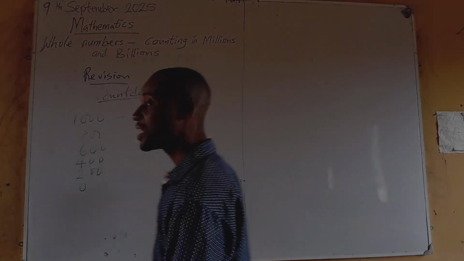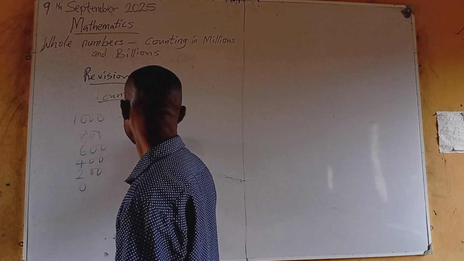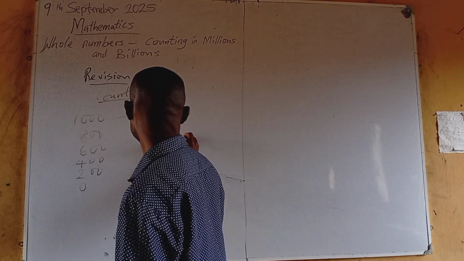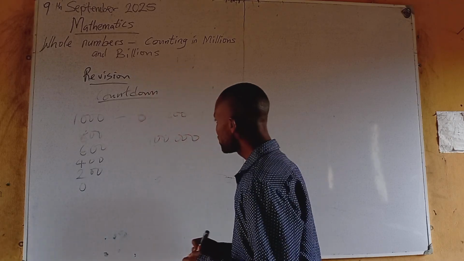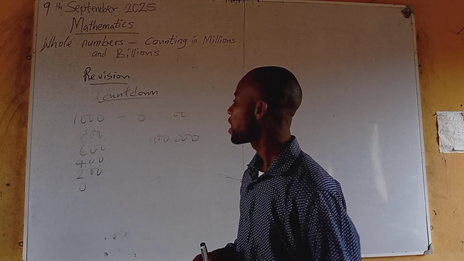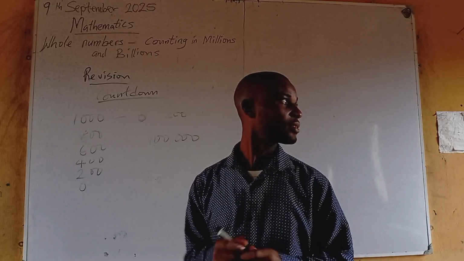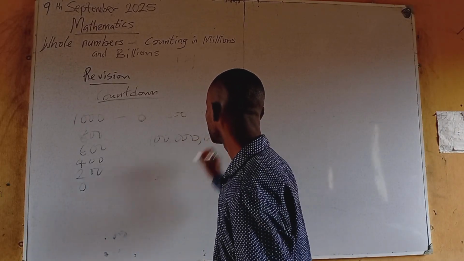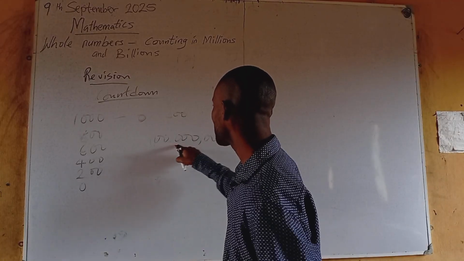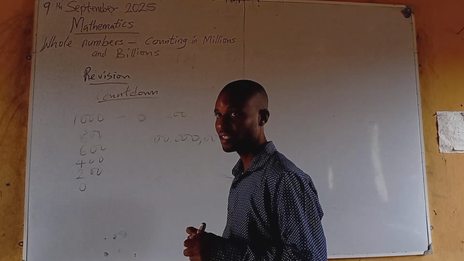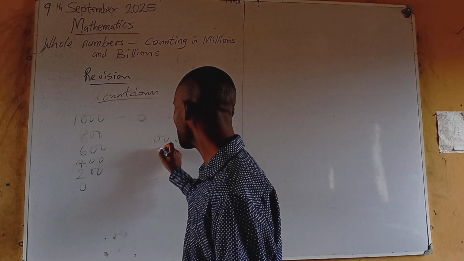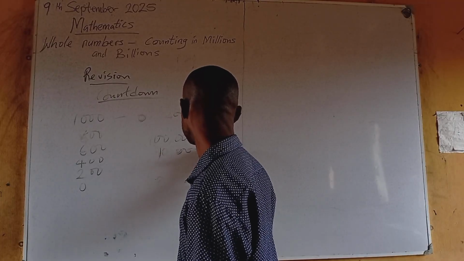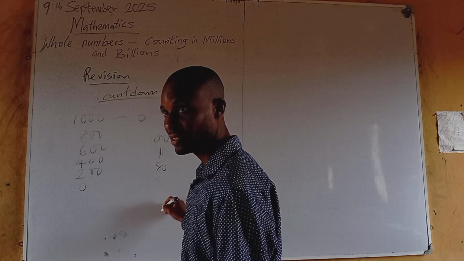Similarly, if you are counting down in millions, let's say from 100 million, and you are going down by 10 millions, the next one will be what? 90 million, 80, like that and down.